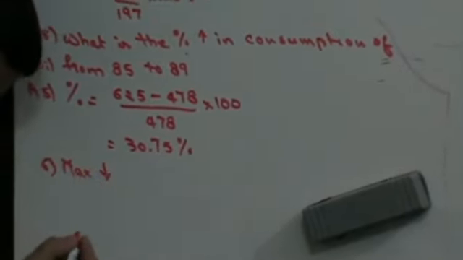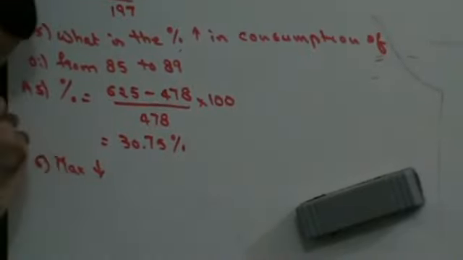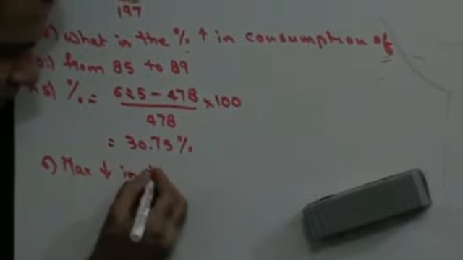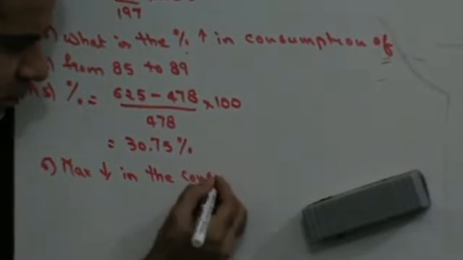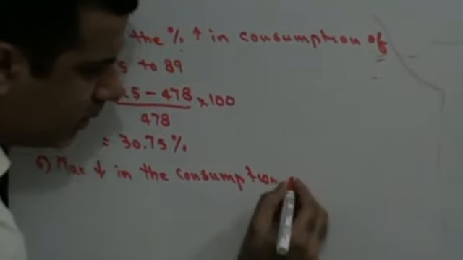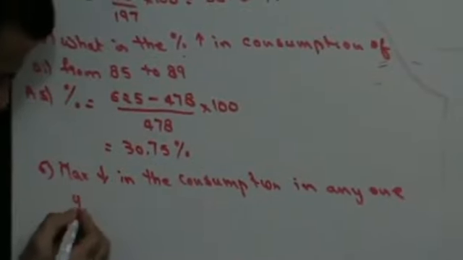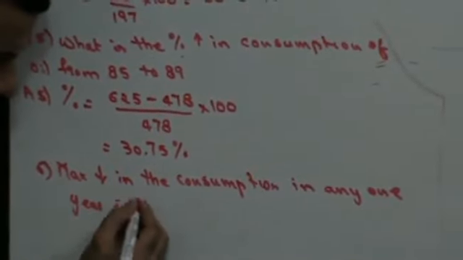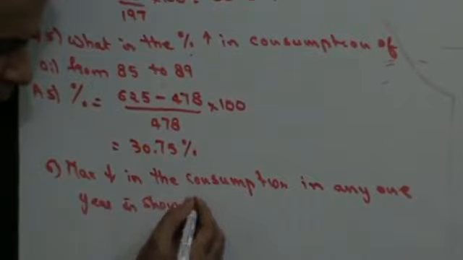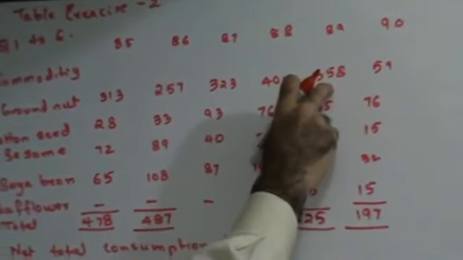Next, the maximum decrease, question 6. Maximum decrease in the consumption in any 1 year is shown by... Now guys, if you look at the table, groundnut was 358.